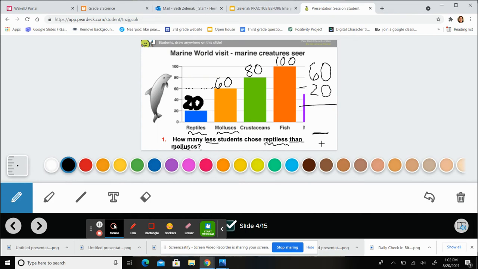And pay attention to your ones place first, and you can use related subtraction. So if you know 6 minus 2 is 4, or 4 plus 2 is 6, then you know 60 minus 20 is 40. You can check by saying 40, 50, 60.